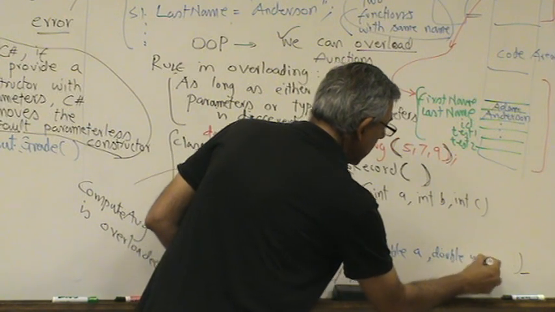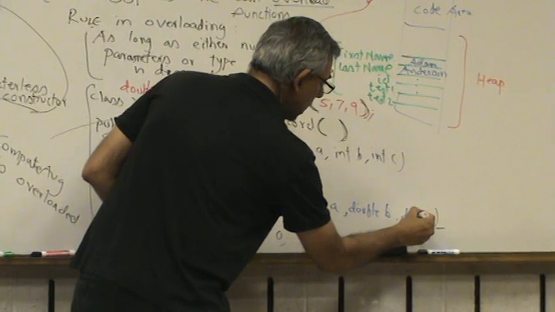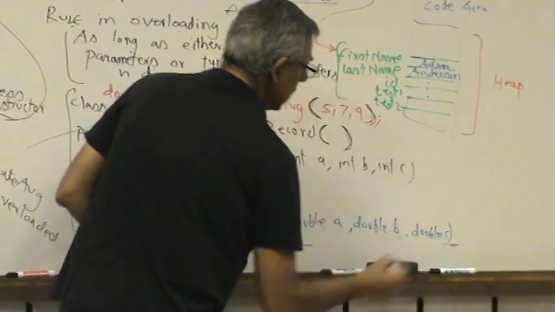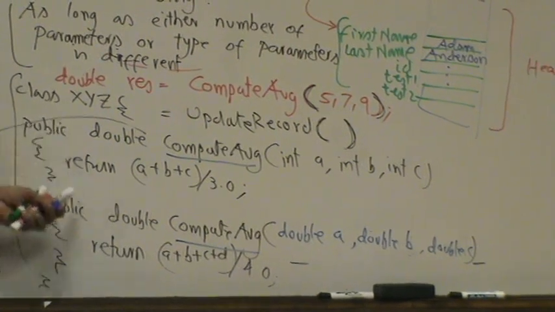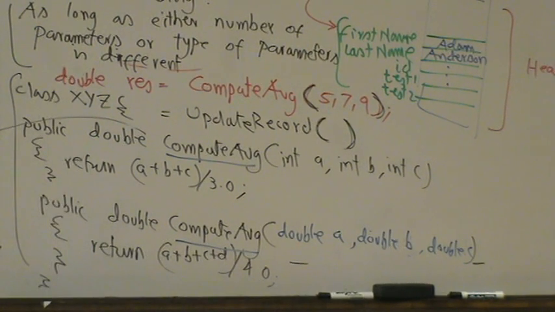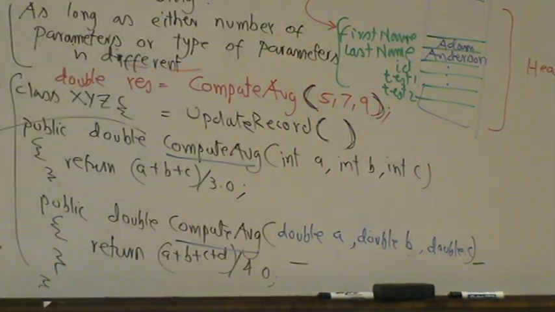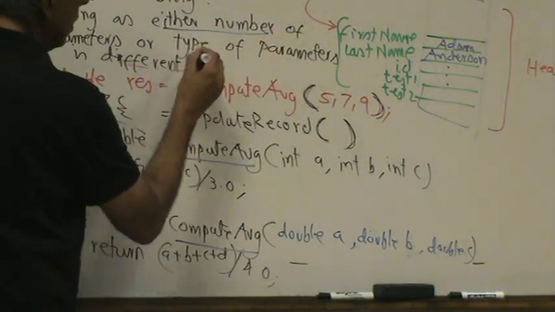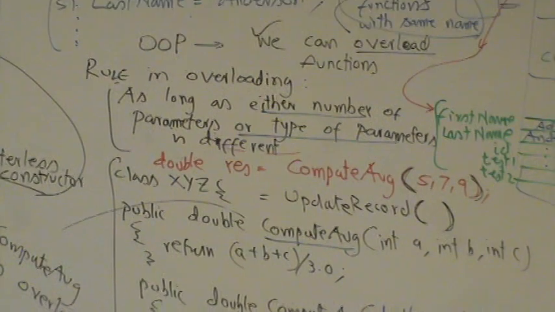Now is it legal to have both of them be called computeAvg? Yes, because the type is different. Either the number or type is different, so you can overload.